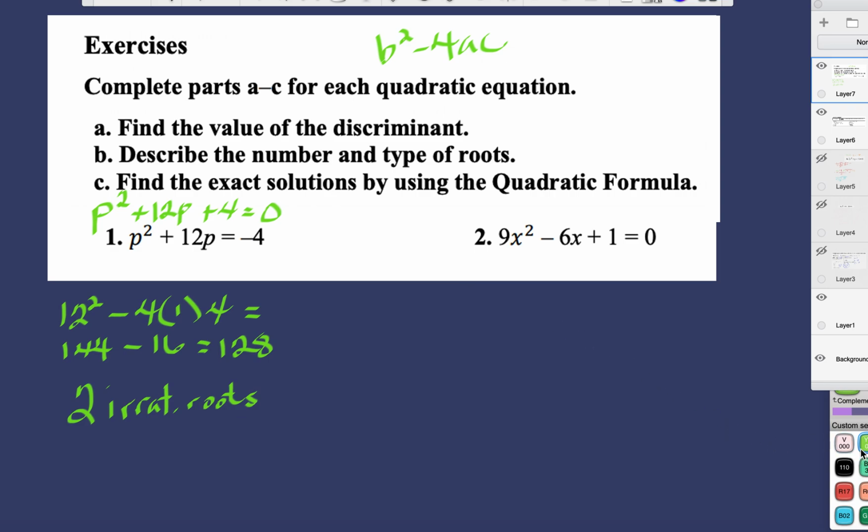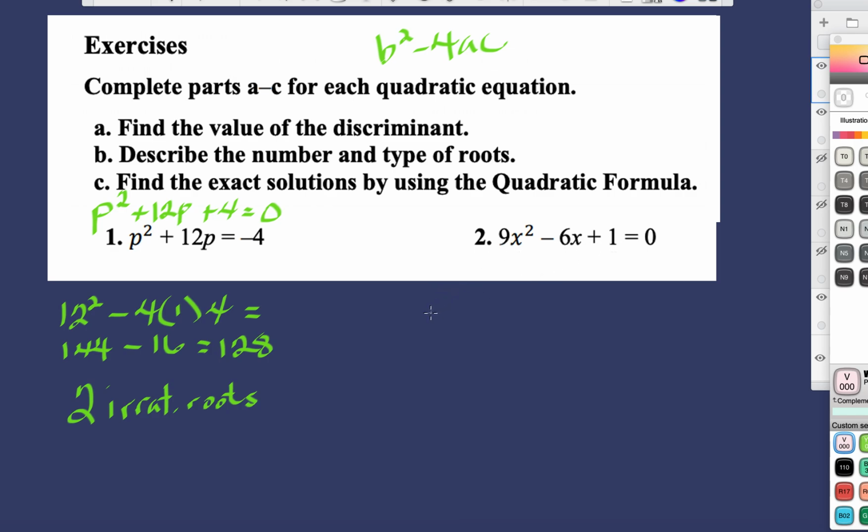All right, so let's do the next one, and we'll use this color here. A, B, and C. Negative 6 squared, minus 4 times 9 times 1.